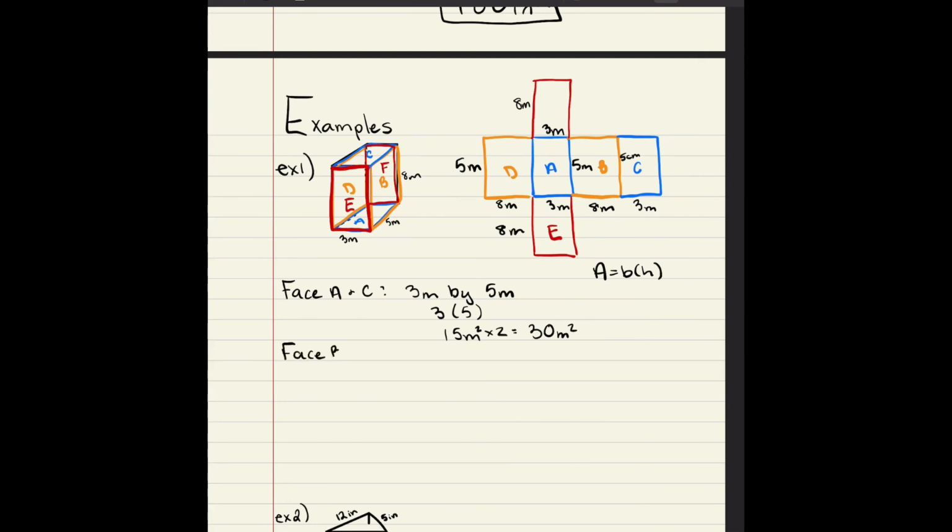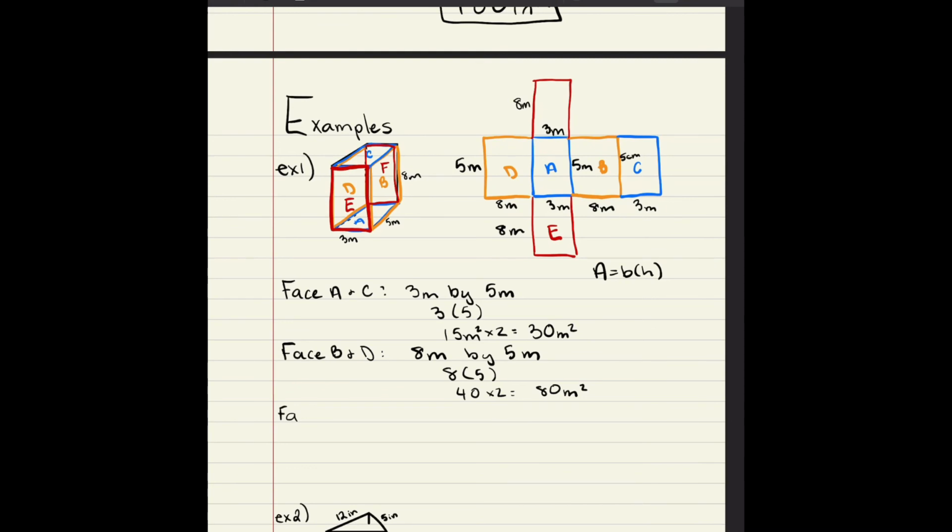So for faces B and D, which share the same dimensions, it's 8 meters by 5 meters. So I have 8 times 5, which gives me 40, times 2, because there are 2 shapes with that area, which gives me 80 meters squared.